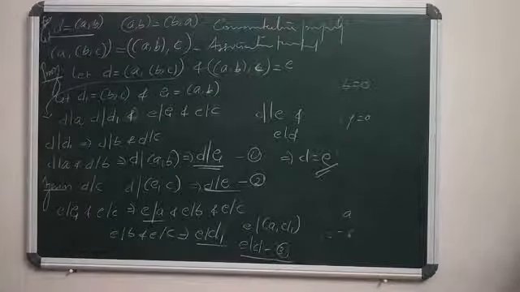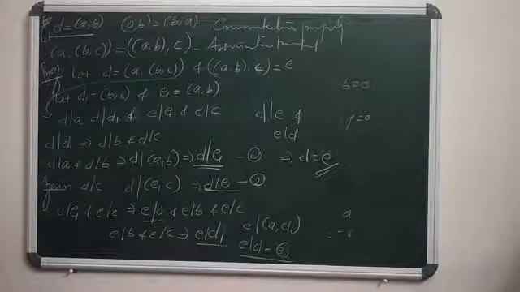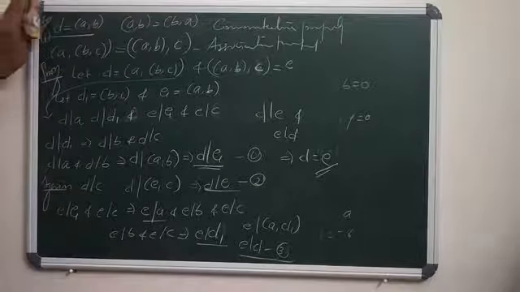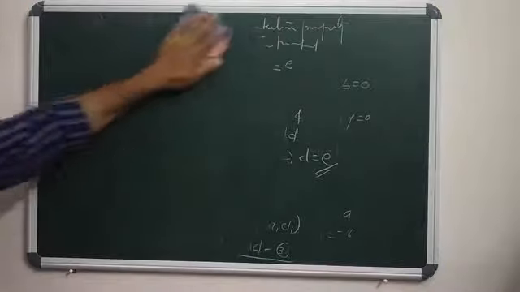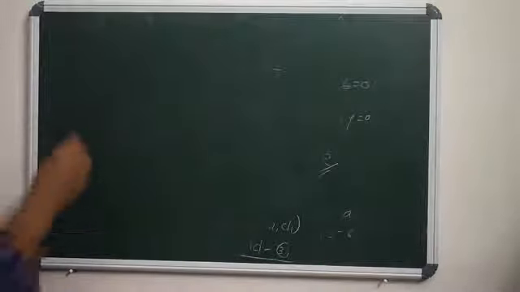Now the next property of this GCD, greatest common divisor, is GCD of AC and BC. That's again an important property.